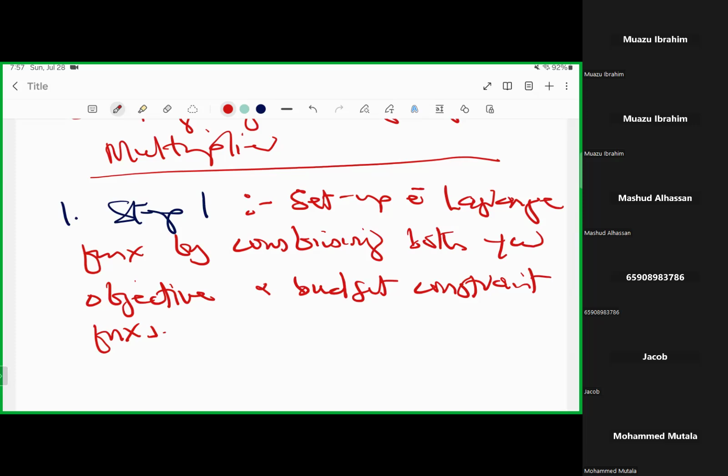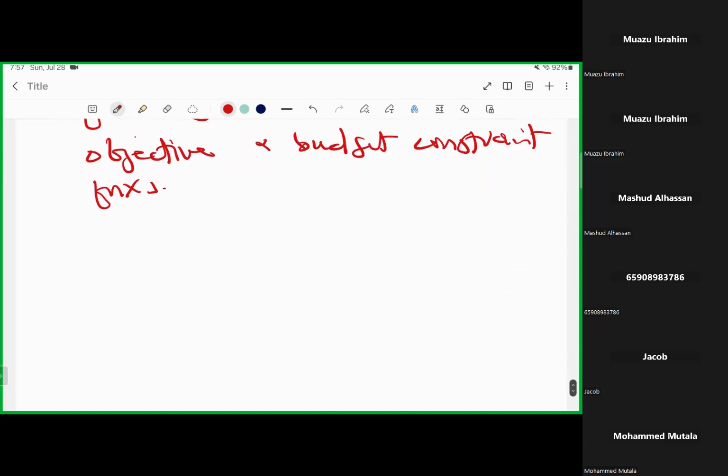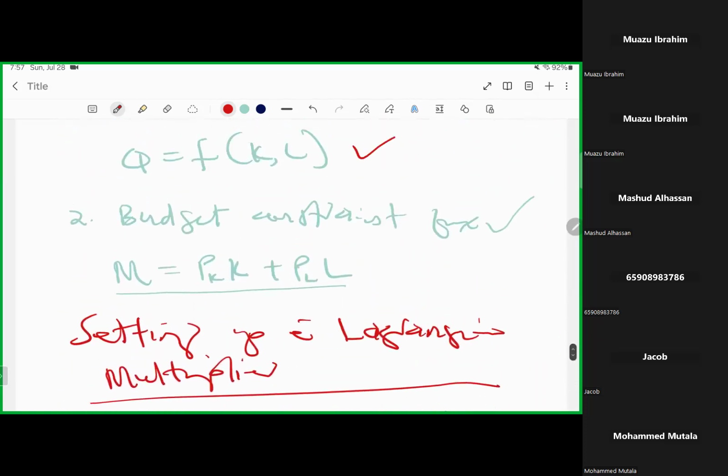So let's proceed. How do we do this? The first step. So assuming we have the production function that we've been looking at, we have this as the production function, and we have this as the budget constraint.